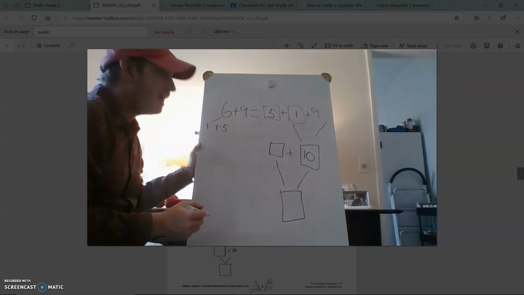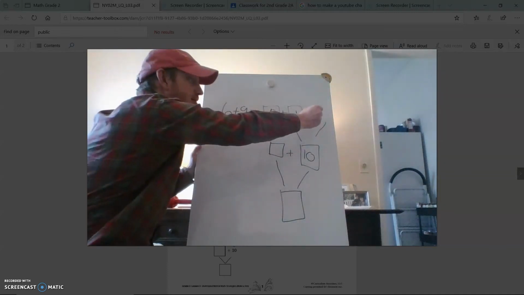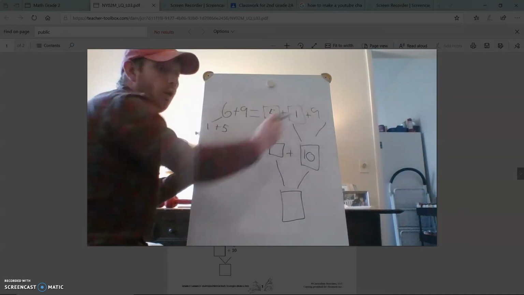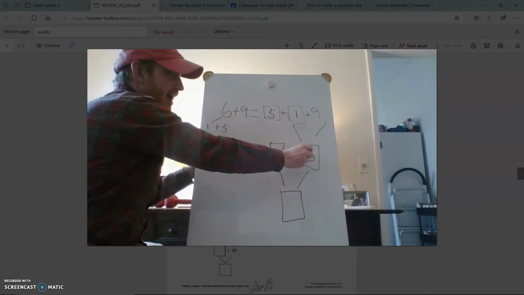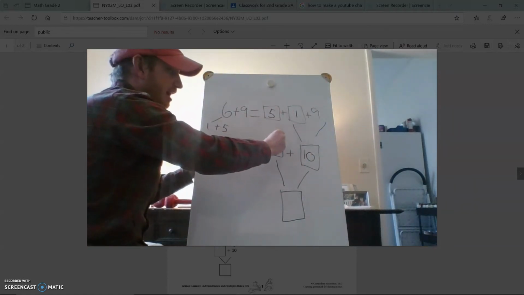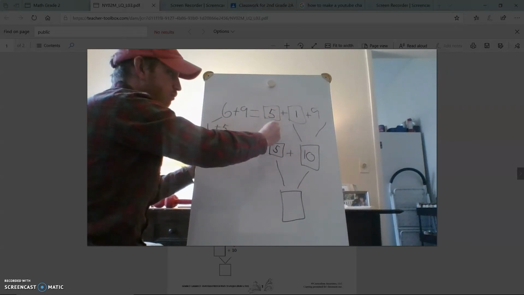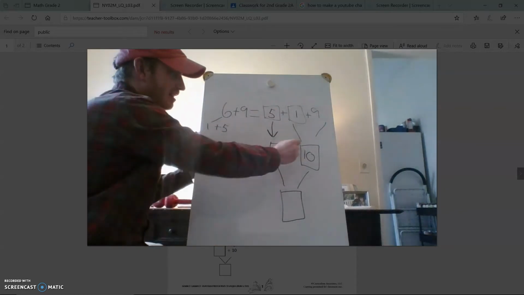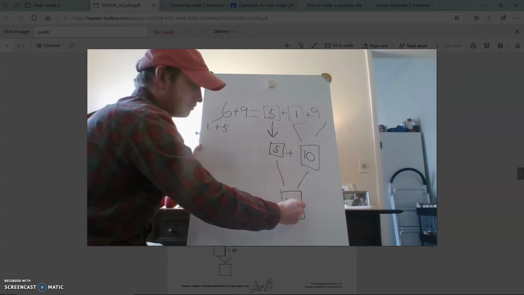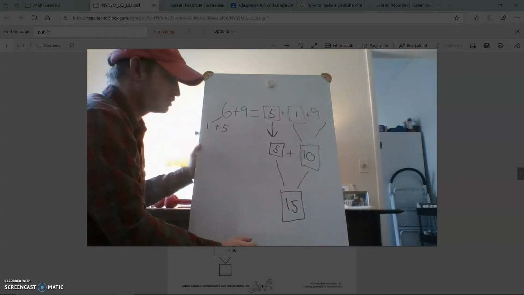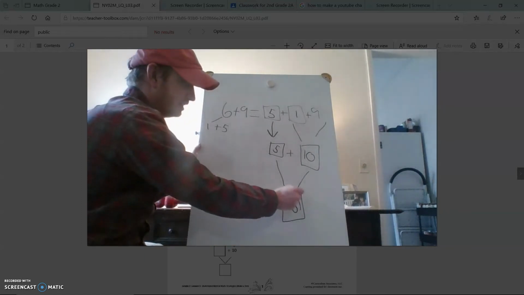Then we know that 9 plus 1 is equal to 10. And we bring our 5 down. And then 5 plus 10 is 15. So our answer is going to be 15.